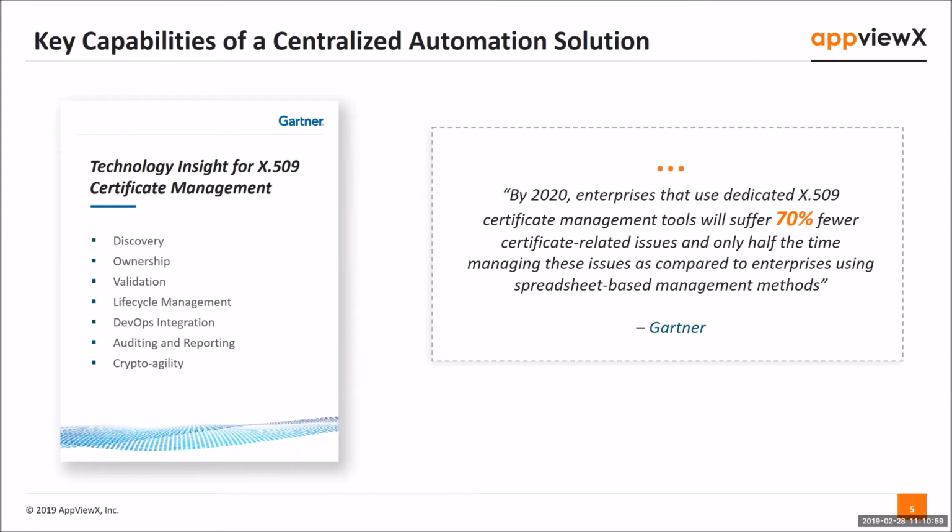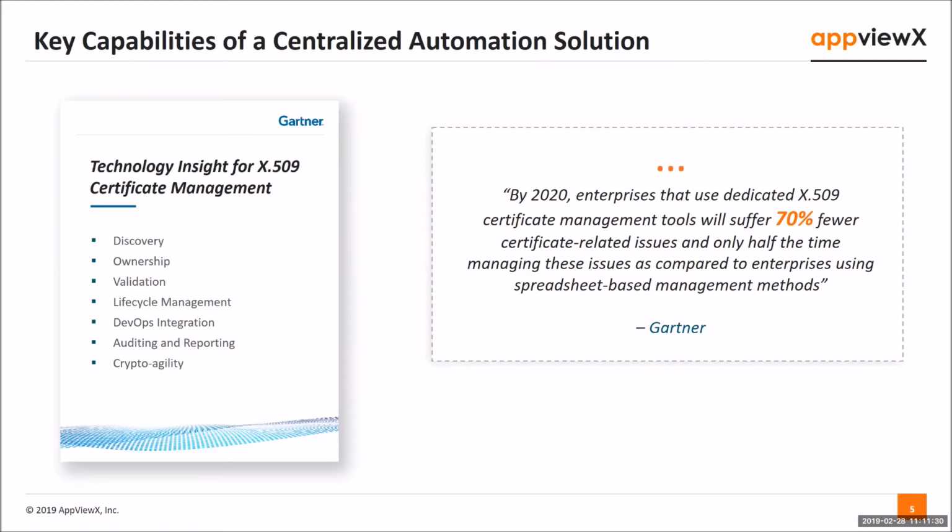We discussed discovery, ownership, and validation in the previous webinar. Here we look more from an automation perspective, from the lifecycle of the certificate, automation from a DevOps deployment perspective, and then how with that automation we can get the auditing and reporting, which will enable crypto agility.